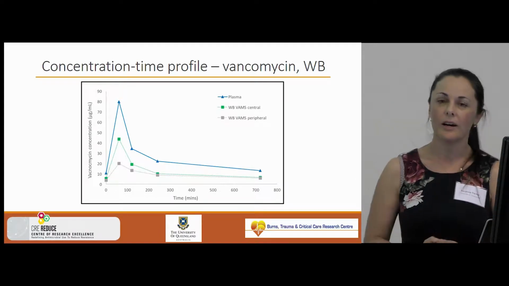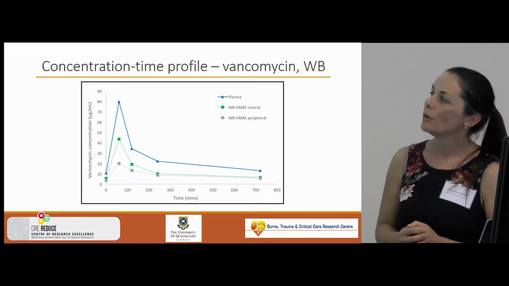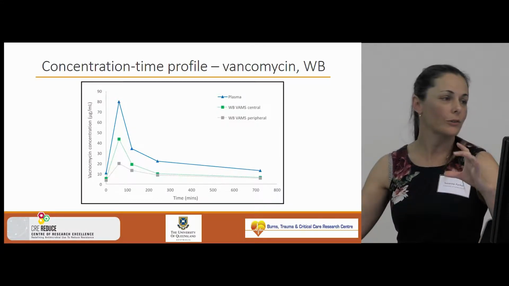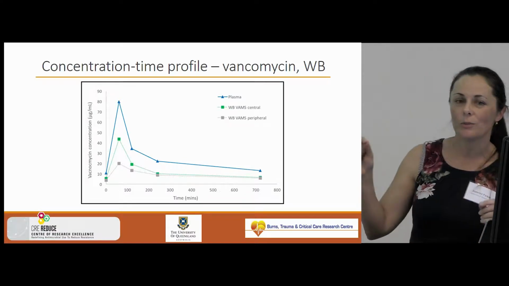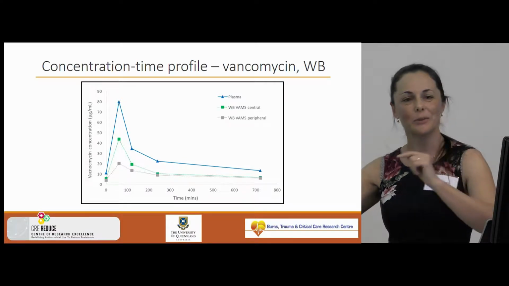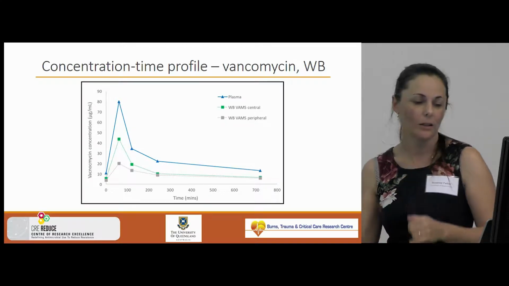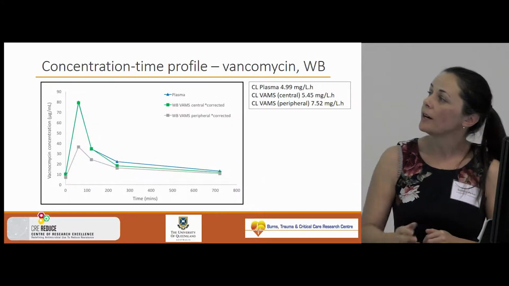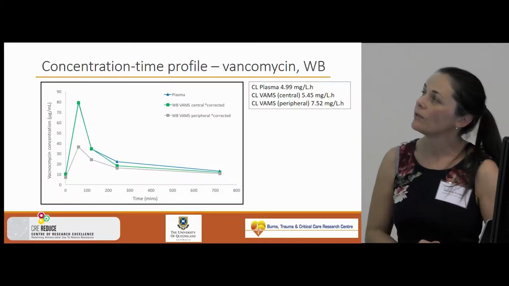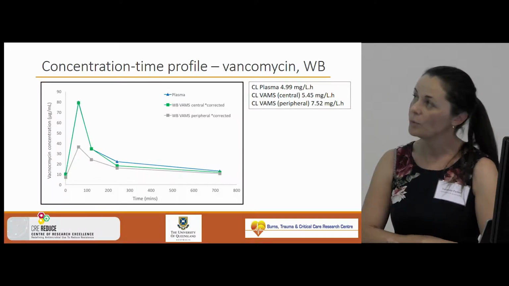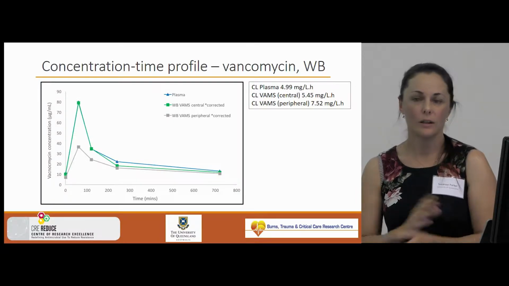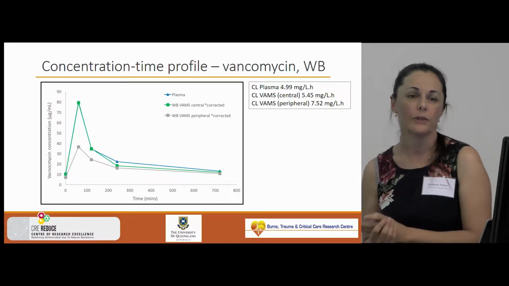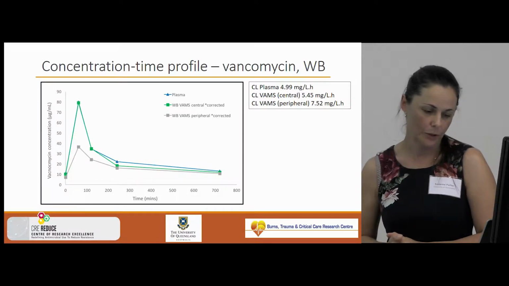So we apply a correction factor to measure the concentration in the plasma, also because our standard curve is prepared in a different hematocrit level to our patient who had low hematocrit. When we apply this correction factor, what you can see is that our whole blood VAMS from the arterial line does indeed provide results that are quite similar to our plasma concentration.